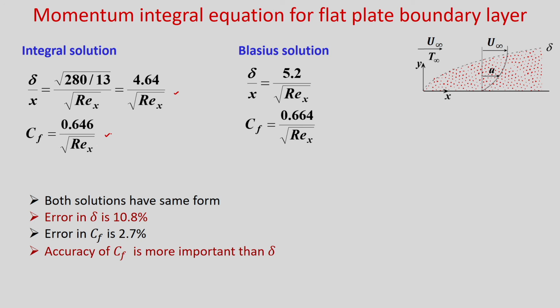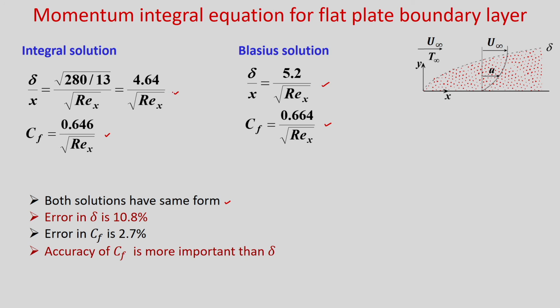You can see these are approximate solutions because we have used an approximate velocity profile, whereas you have the exact solution from the Blasius solution: delta by x is equal to 5.2 divided by root Re x and Cf is equal to 0.664 divided by root Re x. So, both solutions have the same form.